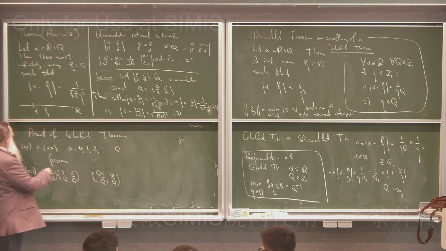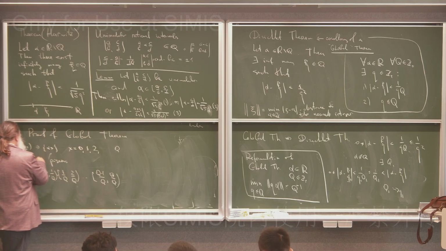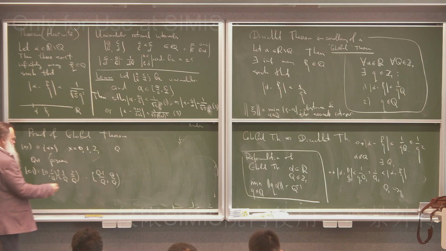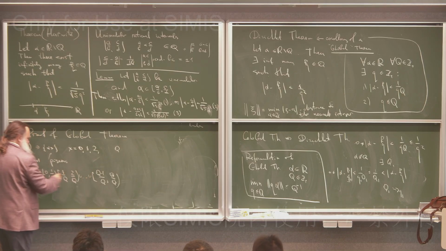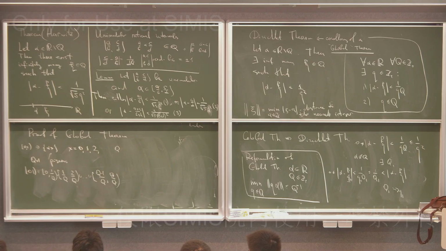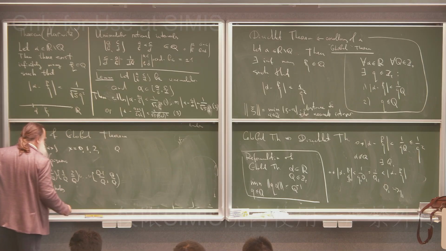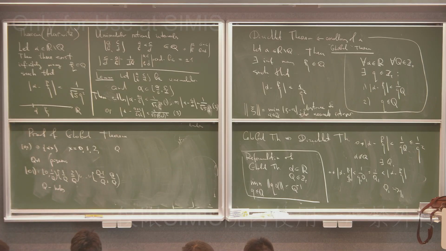We have Q plus 1 pigeons. And how many holes? How many smaller intervals? Q. Q holes. What does it mean? It means that there are two pigeons in one hole.